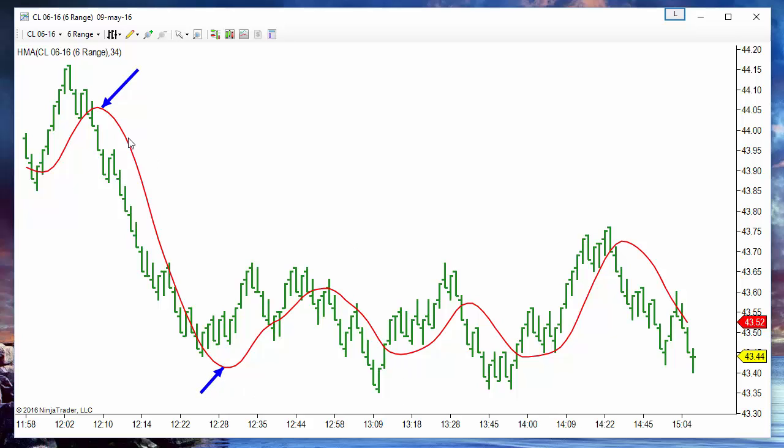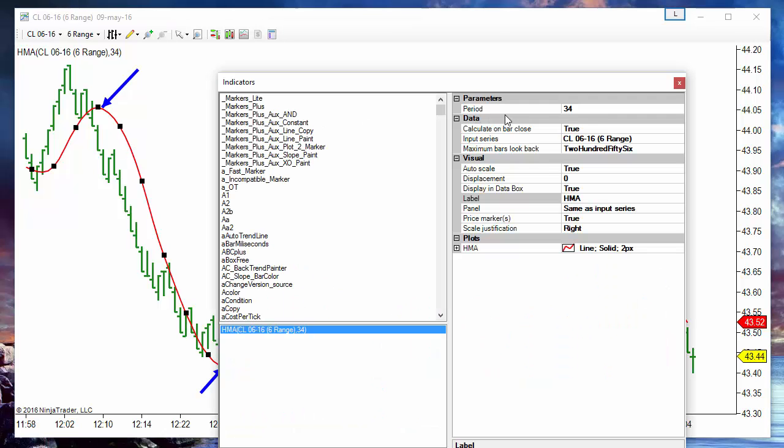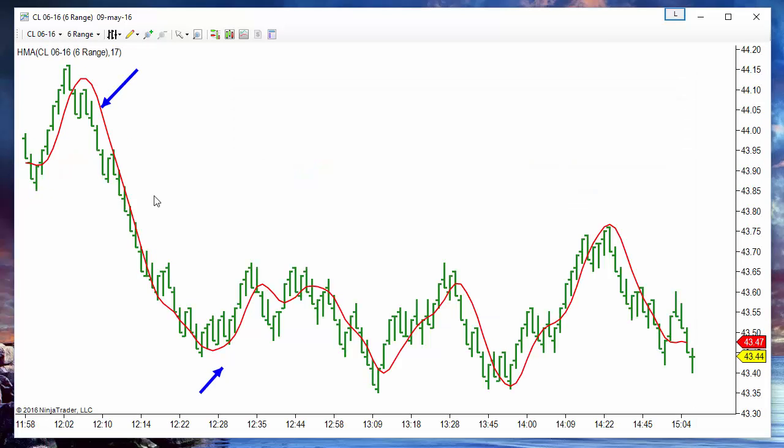This was a very easy setup, and the faster the period, the faster we get the signal, but we also get some noise or bad trades.